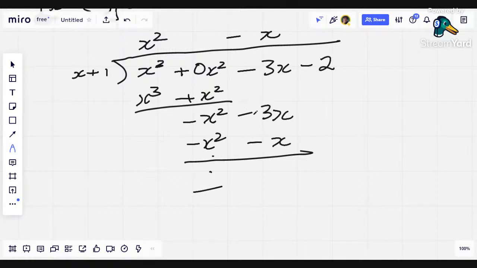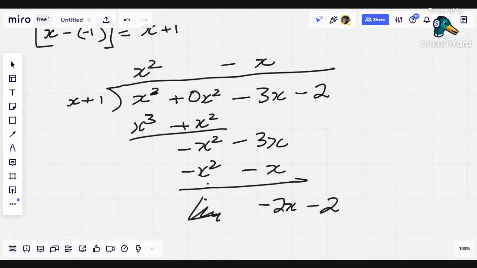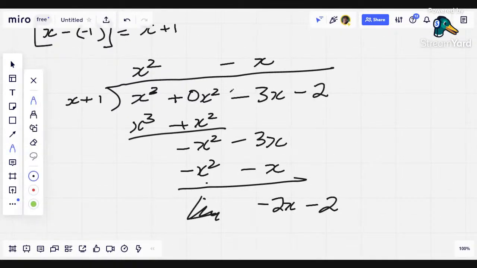Now we've got to be careful here because we're subtracting and subtracting. So it's minus 3 minus 1, which ends up being minus 2x. And then we bring down that minus 2. Now we have minus 2x minus 2. Let's put a minus 2 up here.